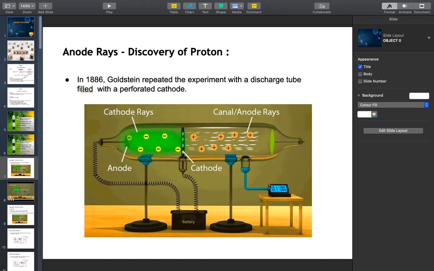This means there were rays moving in the direction from the left hand side to the right hand side. Only then can those rays pass through these holes and be reported here with some color on that screen. So this ray must be opposite to the cathode ray, and it emerges from anode to cathode. These rays were called anode rays. Understood?